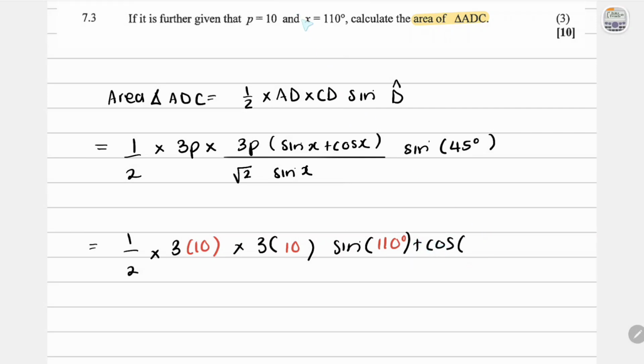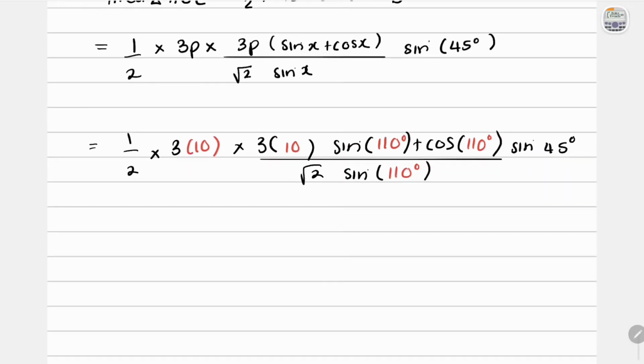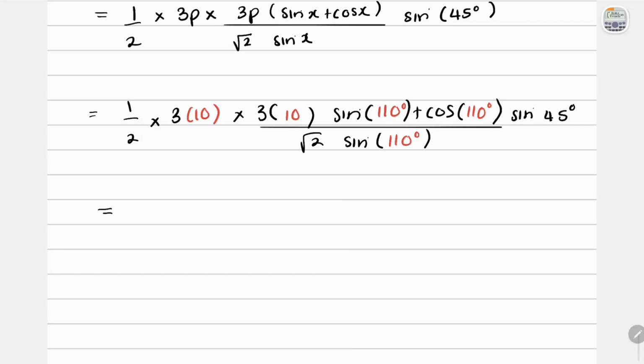Then lastly, we just have over the square root of 2 sine x, which is 110 degrees again. And then lastly, we have sine 45 degrees. And you can just nicely substitute that onto the calculator and see what you get as an answer.